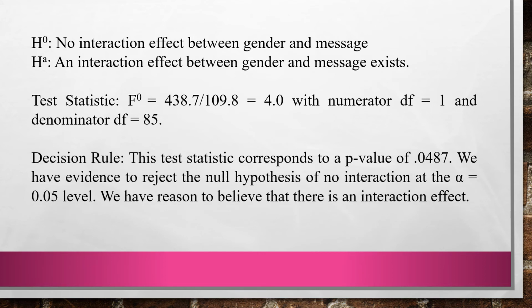So the decision rule: this test statistic corresponds to a p-value of 0.0487. We have evidence to reject the null hypothesis of no interaction at the 0.05 level. So we have reasons to believe that there is an interaction effect.